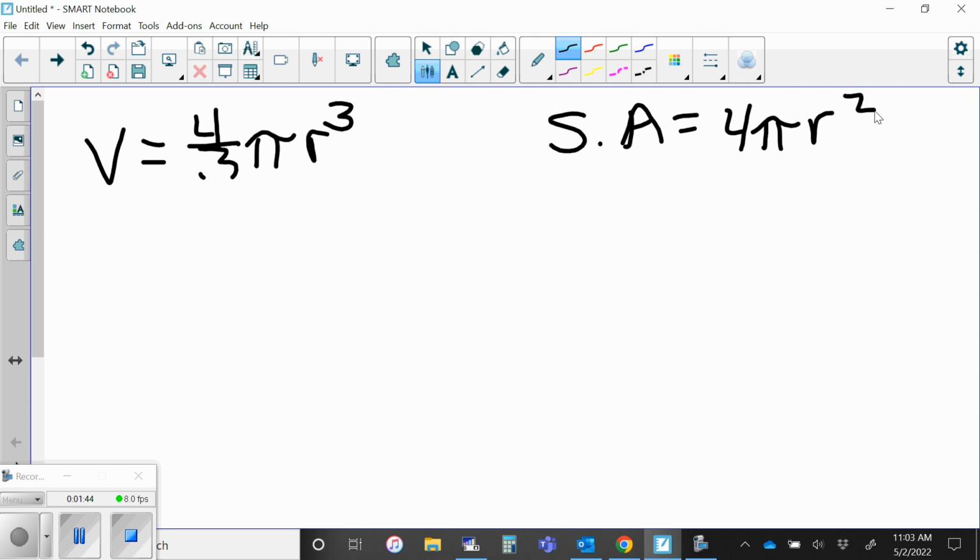And then finally, volume of, do you guys know what half of a sphere is called? Half of a circle is a semicircle, but it's not a semisphere. It's a word that you have heard before.